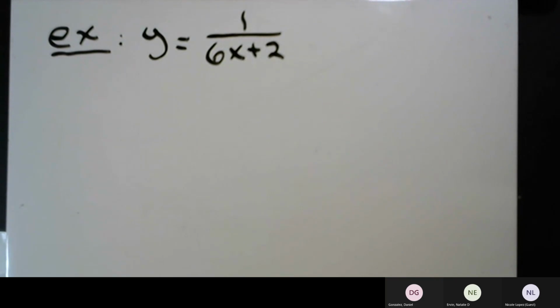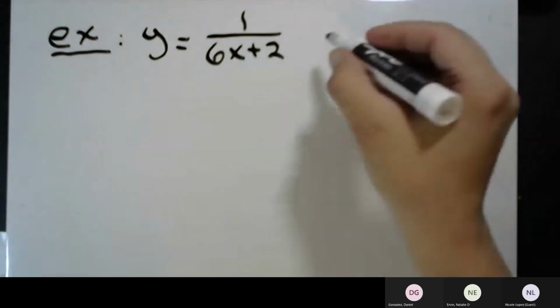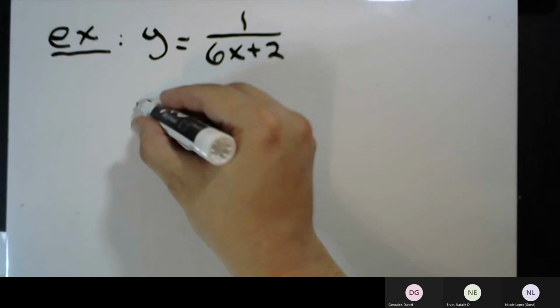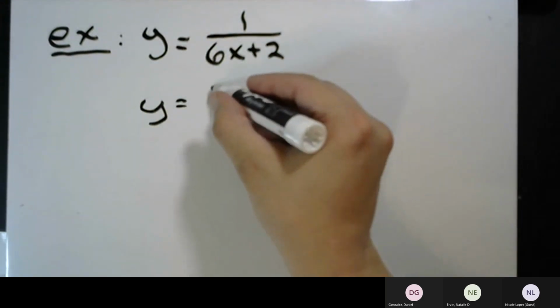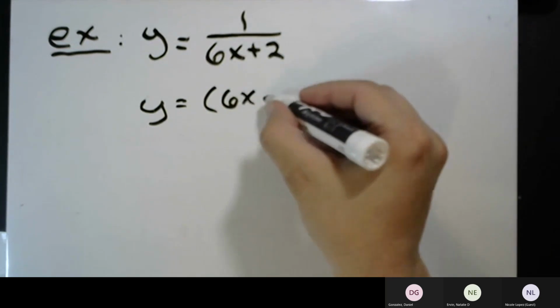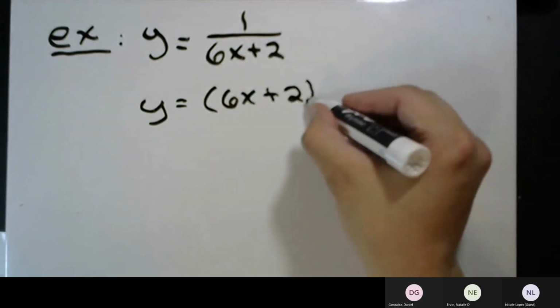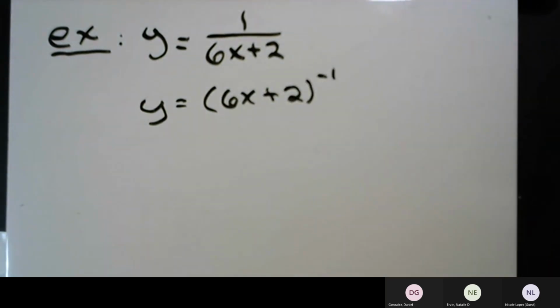We want to find dy/dx. So we can rewrite y as 6x plus 2 to the negative 1. That we're totally fine in doing.